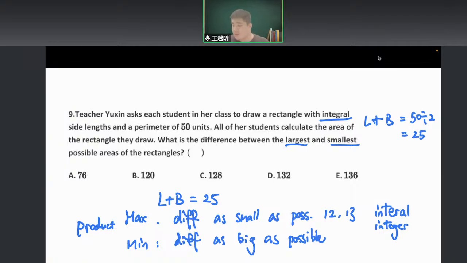The biggest possible difference is 1 and 24, because length and breadth cannot be 0. So the biggest difference is between two numbers, 1 and 24. Now all you have left is to do the calculation, so you can do the calculation by yourself.